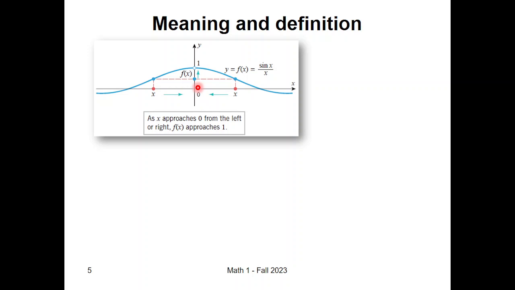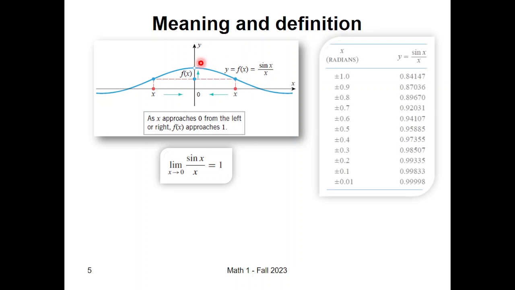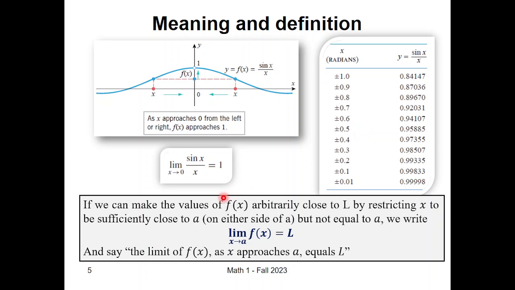We cannot say that f of x equals 1, but it seems that it is very close to 1 when x is very close to 0. So we write limit of sine x over x as x approaches 0 equals 1, based on this graph which is obtained using numerical substitution. So this is the meaning or definition of the limit.